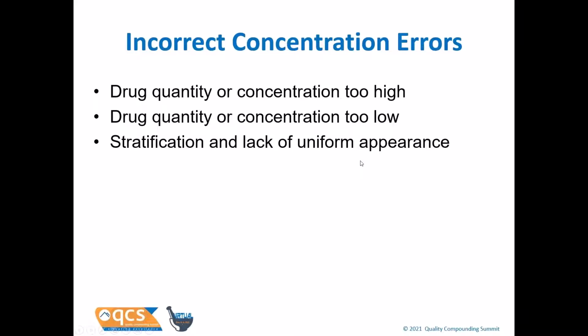Whenever a patient receives the medication and they look at it, if it's separated and doesn't look right, they're going to question not only the effectiveness of the drug, but the effectiveness of the pharmacist that compounded it. So anyway, this needs to be addressed.